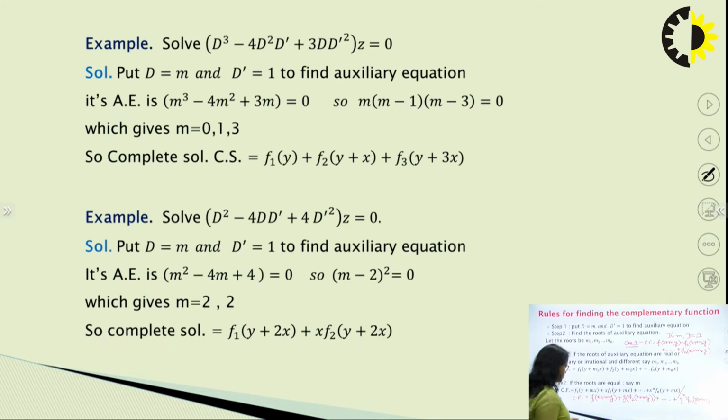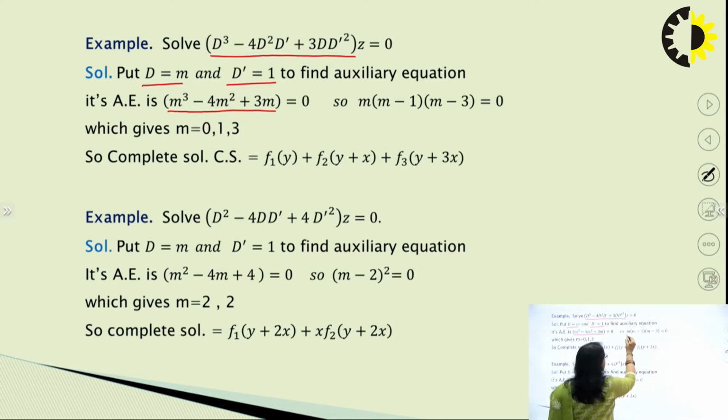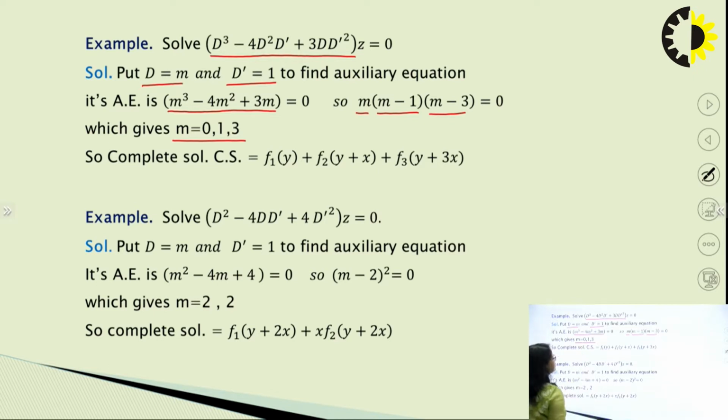Now let us discuss a few examples. Suppose we have to solve d cube minus 4d square d dash plus 3d dash square z equal to 0. Now we will put d equal to m and d dash equal to 1. So we will get the auxiliary equation as m cube minus 4m square plus 3m equal to 0. Its factors are given by m, m minus 1, m minus 3 equal to 0, which gives the value of m as 0, 1 and 3. These values are different, they are distinct.